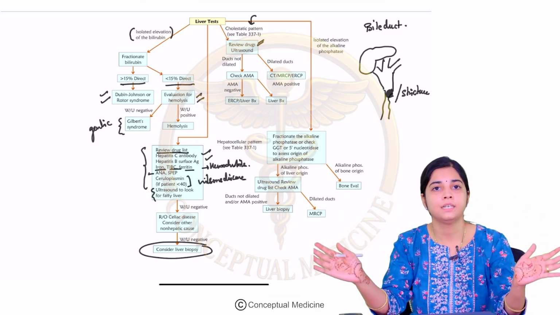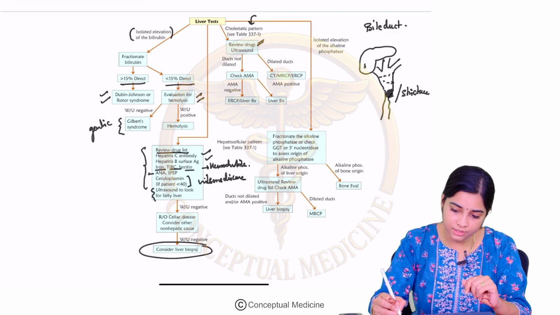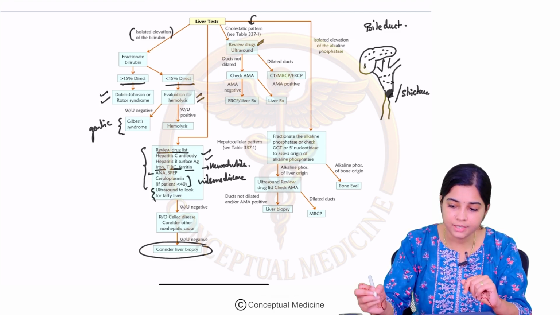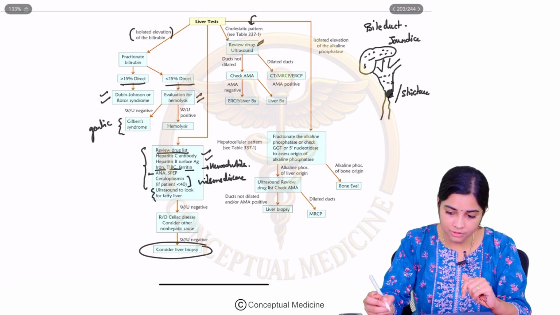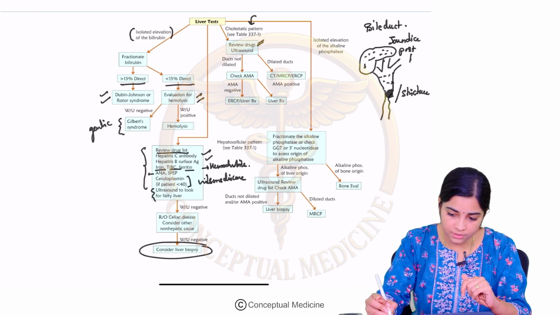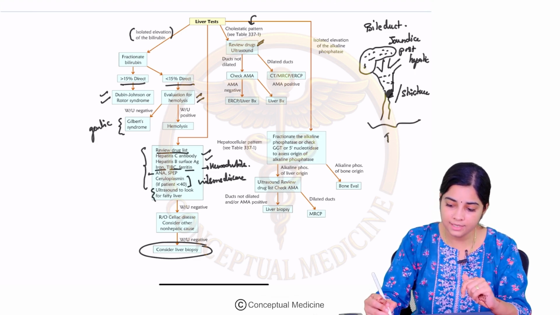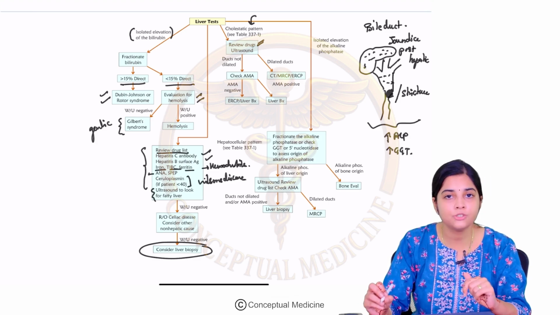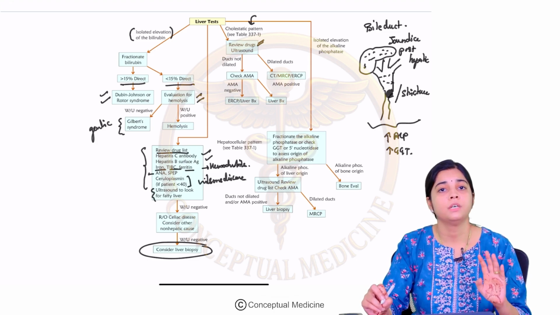The bile duct will get dilated. So the bile cannot flow. There is more accumulation of bile in the liver, and what will happen finally? It will result in jaundice. And what type of jaundice is this? This is your post-hepatic or your obstructive jaundice, which results in a cholestatic pattern of liver injury where there is elevated ALP and GGT. So the whole point is, whenever you get a cholestatic pattern, you've ruled out causes.